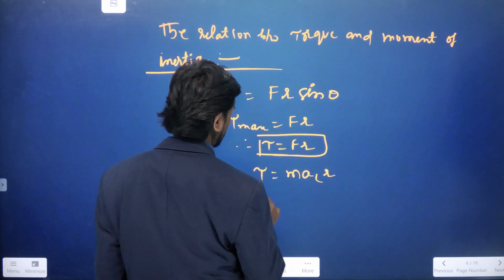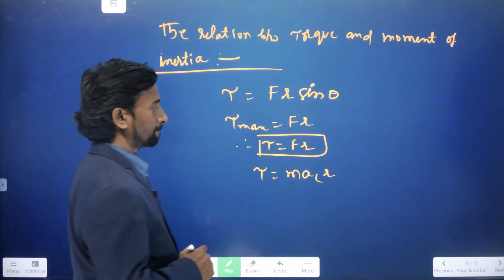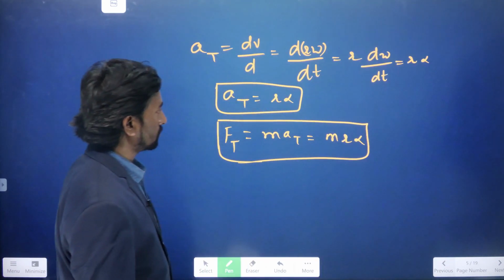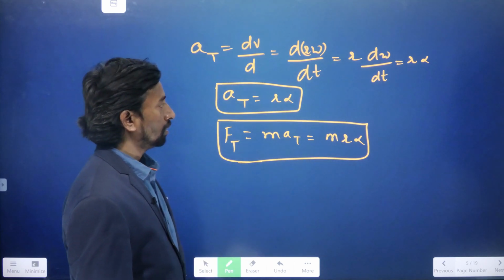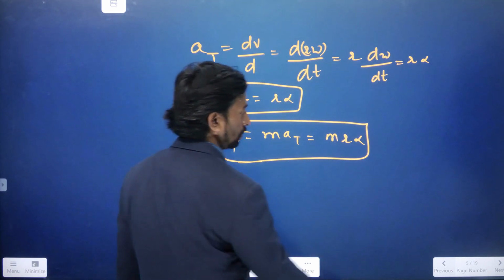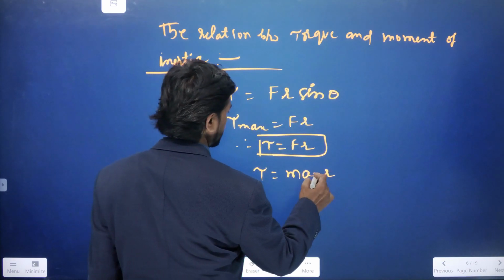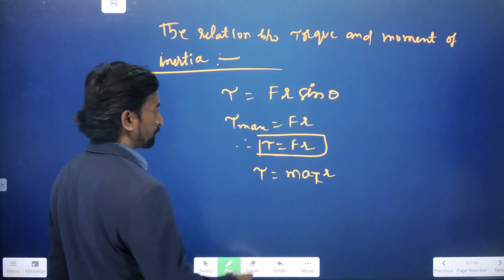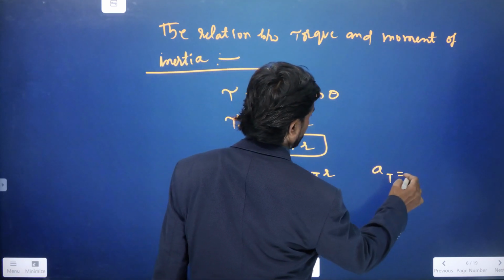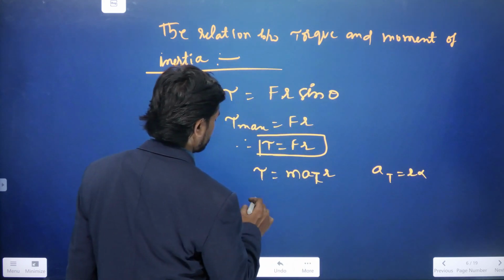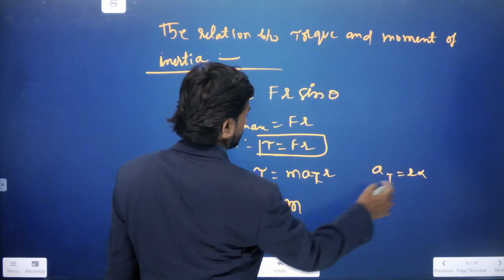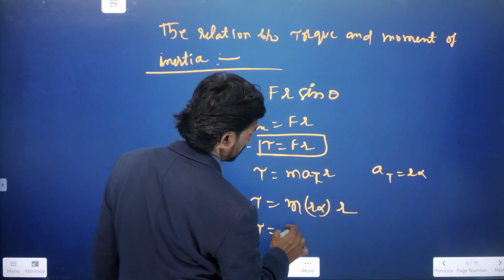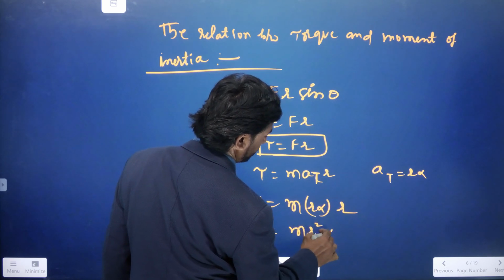Now, the centripetal acceleration, or we can take the tangential acceleration, which we have seen: alpha into r. So instead of this, if I take the tangential acceleration a_t equal to r into alpha, then m into r into alpha into r. So from this, tau is equal to m into r square into alpha.